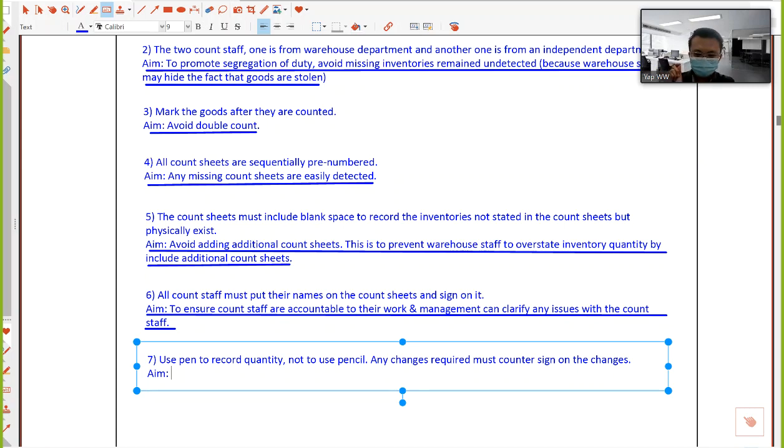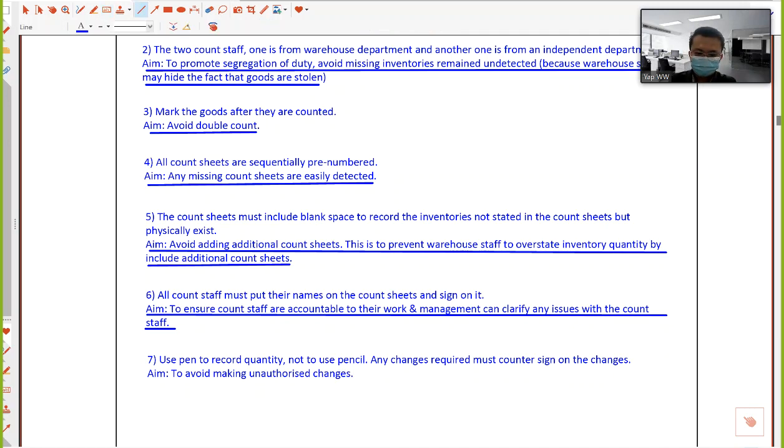And the reason to use pen is to avoid unauthorized changes. So we are afraid the warehouse staff, after they take back the count sheets, just add 10 to become 100. Then they can overstate the stock quantity. Of course, that will be unauthorized changes. Yeah, we want to avoid that. So any changes must be countersigned.